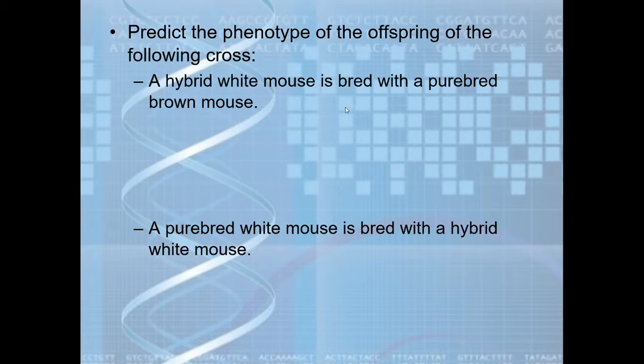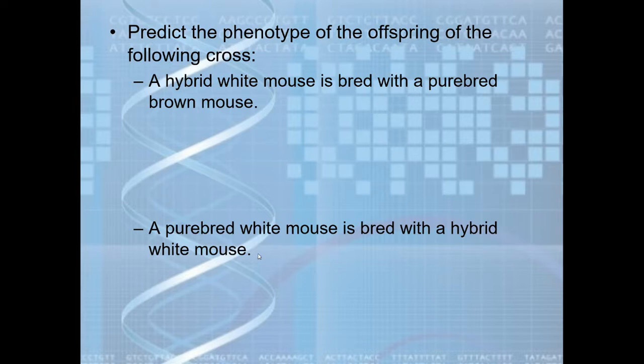So you're being asked, what is the possibility? Maybe you can also assign that if a certain allele for the hybrid mouse is dominant, then this will happen, and so on. A purebred white mouse is bred with a hybrid white mouse.